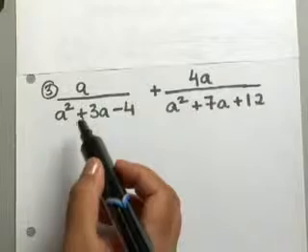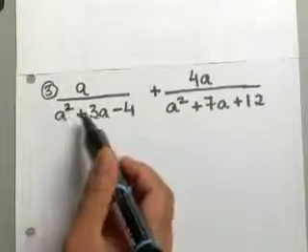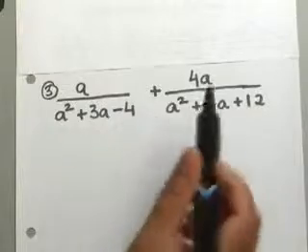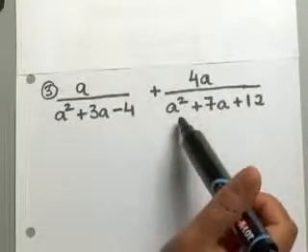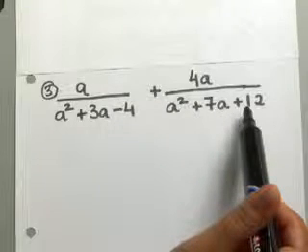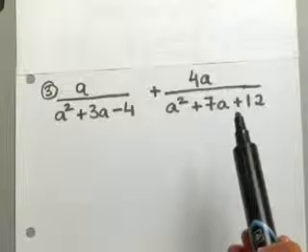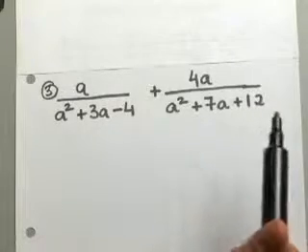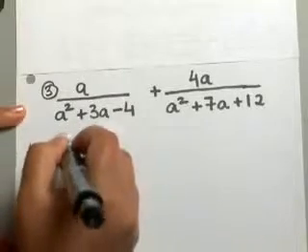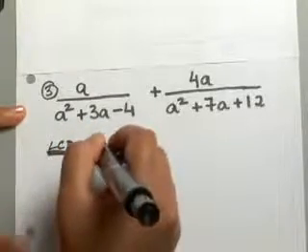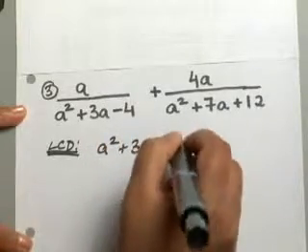Now in this case, your first expression is a over a squared plus 3a minus 4, and you're adding this to the expression 4a over a squared plus 7a plus 12. So again, remember, the first thing is find your least common denominator. So we will start out by taking each denominator and factoring it.